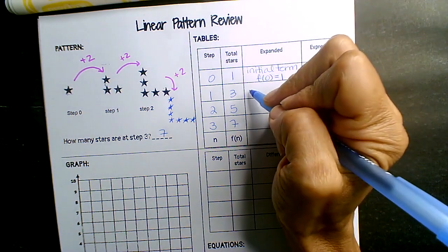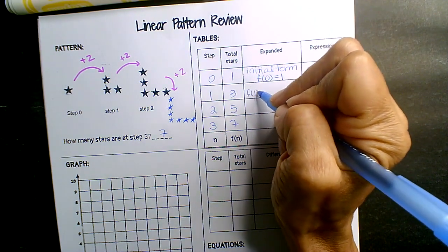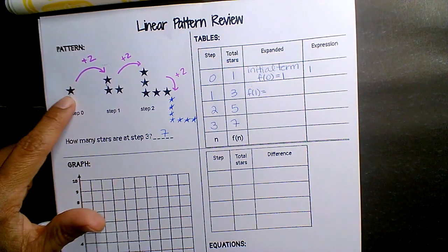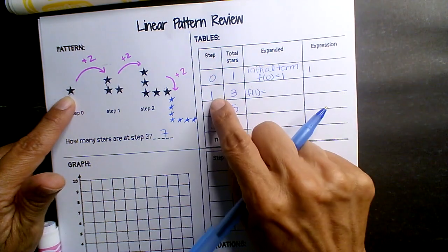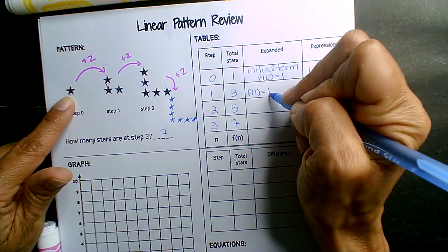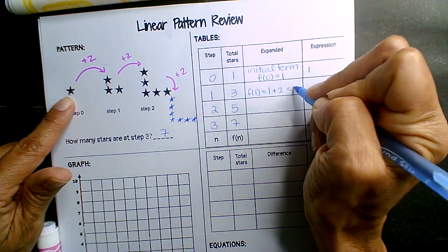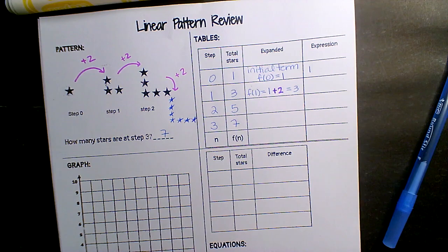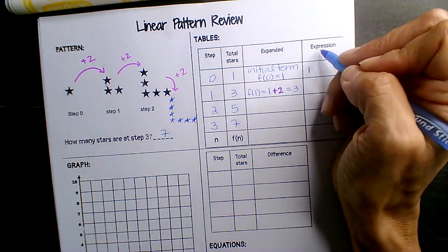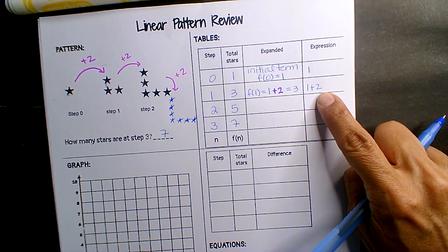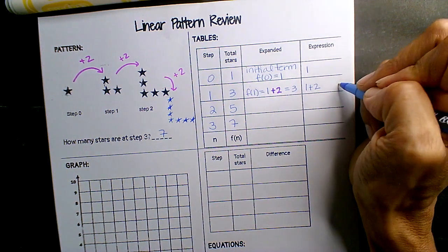So, function notation: f of 1 is equal to 3, but if you look at the prior term, go back to the 0 term, that's 1 star, then 2 stars were added, and that's how I got the 3, because that was the growth. So the expression is 1 plus 2, and that's how I got the 3. And I can put it over here.